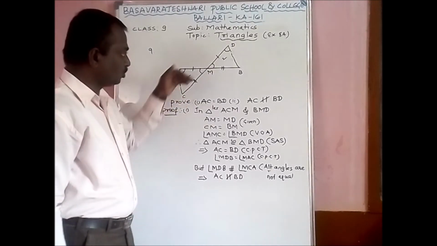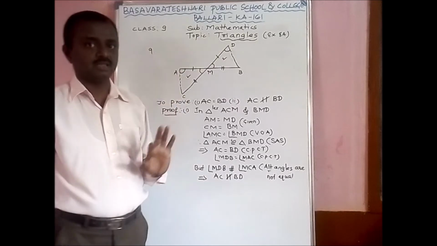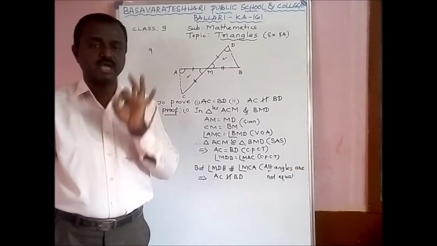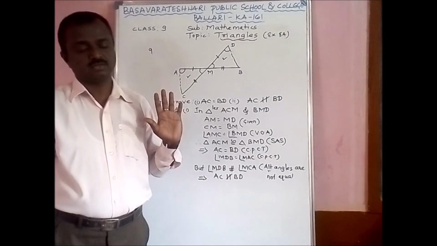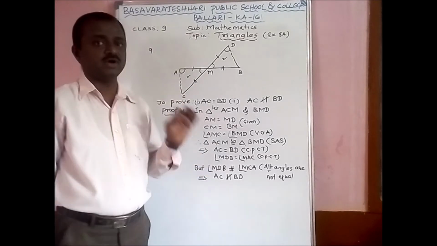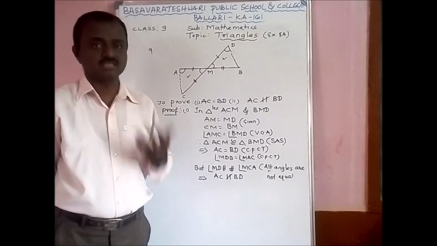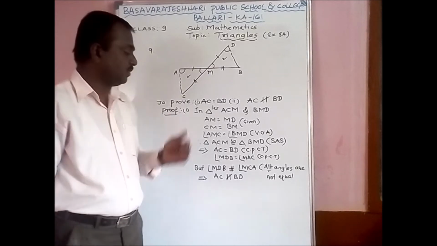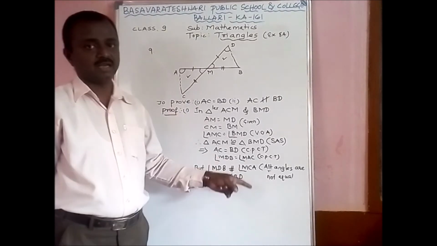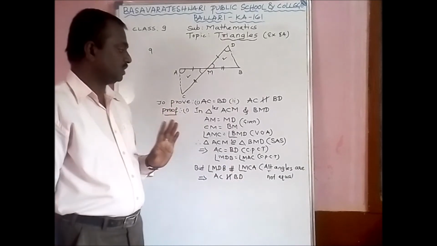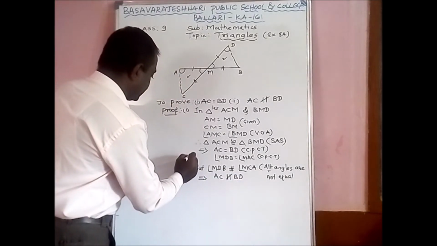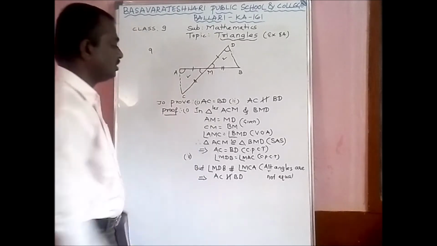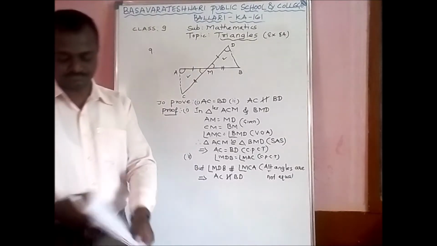So in order to prove that these two lines are parallel, we compulsorily need alternate angles to be equal. Therefore the condition for parallelism is not satisfied, so we cannot say AC is parallel to BD. So take this proof. This is the second part, this is the first part. So note down this.